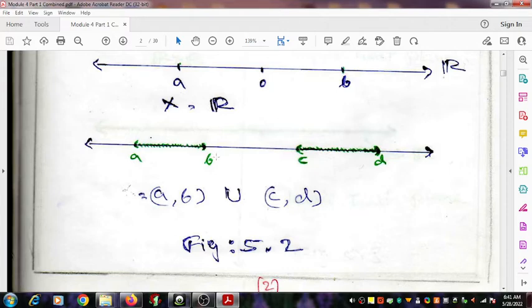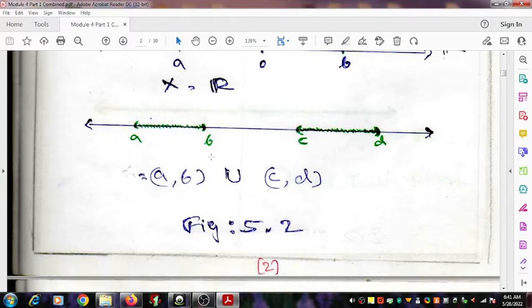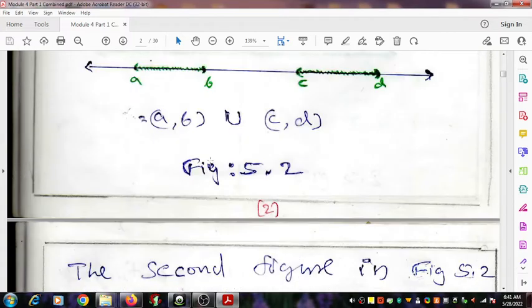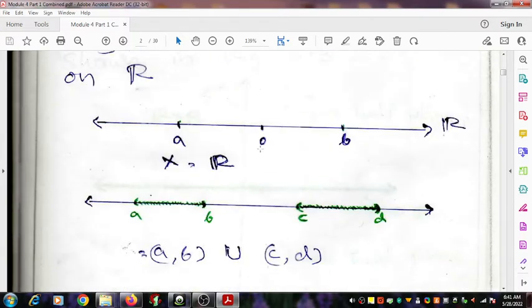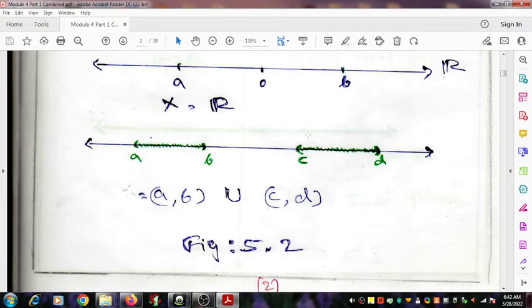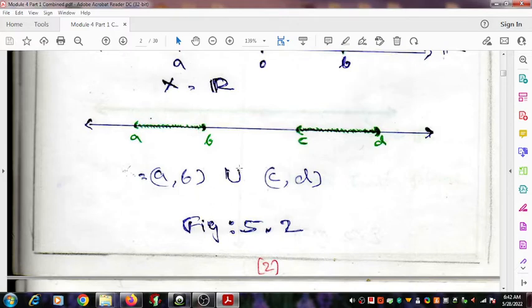Y is the subspace here, so we have to say that that subspace is not connected, it's disconnected. Thus we have two examples of spaces. The first one, X equal to the real line, is connected, but its subspace Y equal to the union of open intervals AB and CD is disconnected.